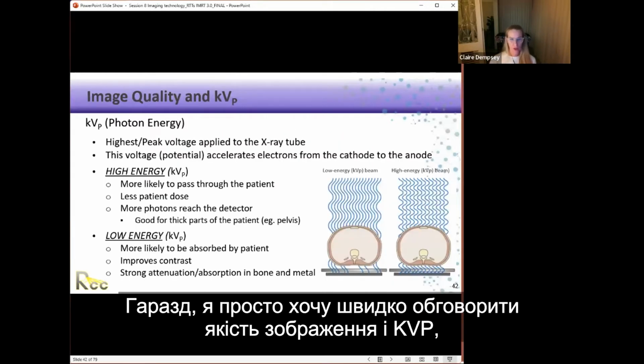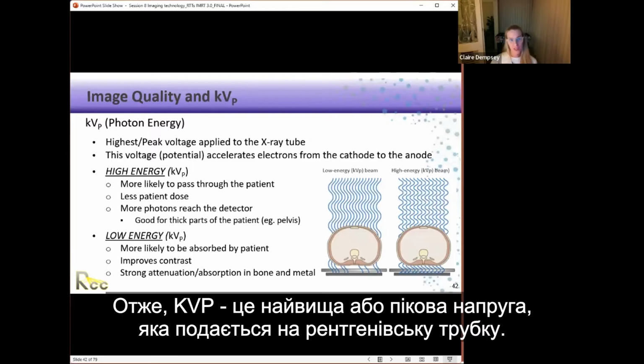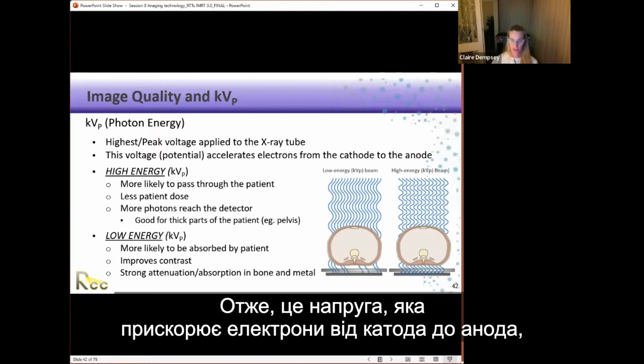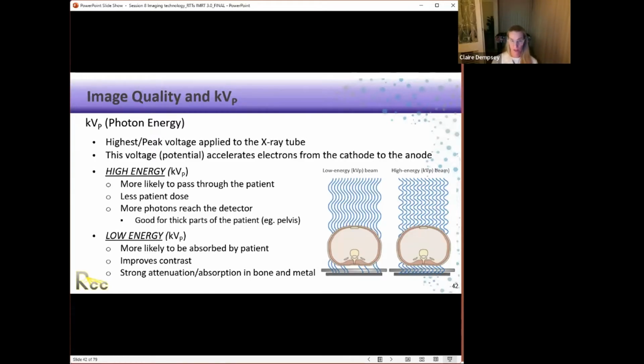Okay, so I just want to quickly cover image quality and kVp, so photon energies for KV. kVp is the peak voltage that's applied to the X-ray tube. This is the voltage that accelerates the electrons from the cathode to the anode, and then hits the target and creates the photons.